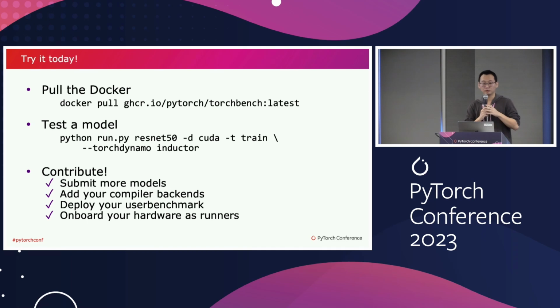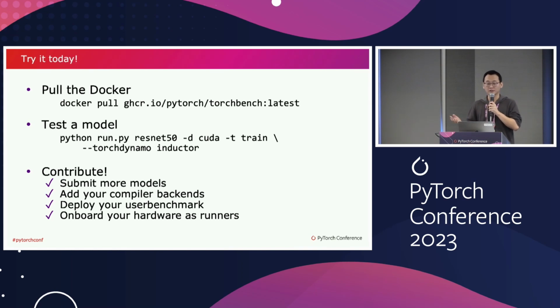We encourage you to try TorchBench today. It's as easy as just pulling the Docker and testing a model using run.py. We call on you to submit more models into this benchmark suite, add your own compiler backends, and give suggestions on the compiler backend interface.